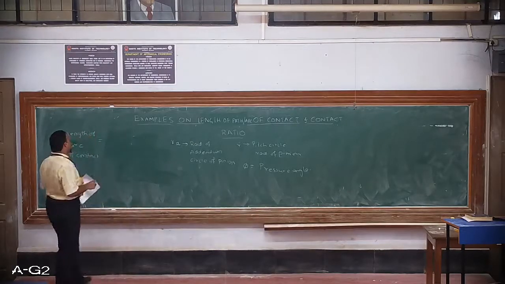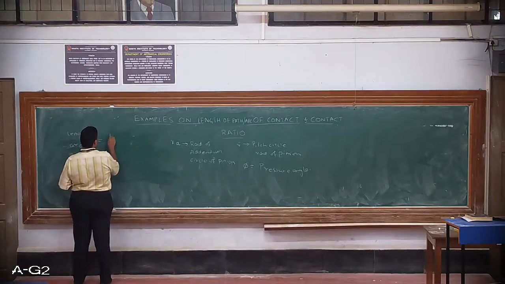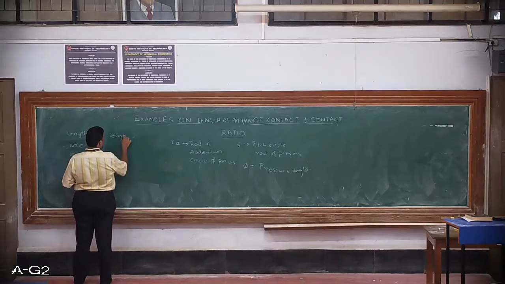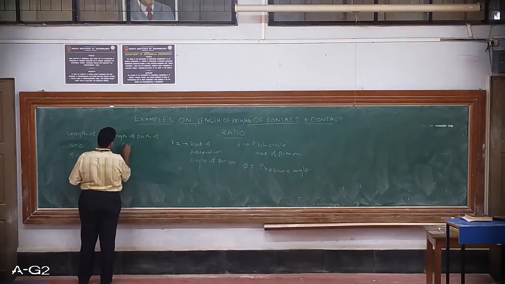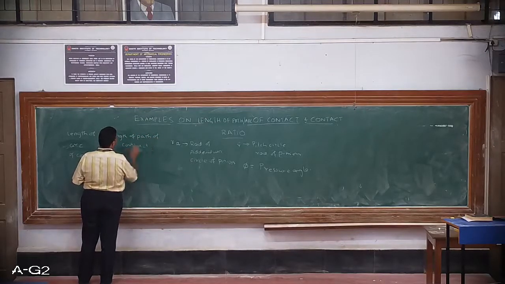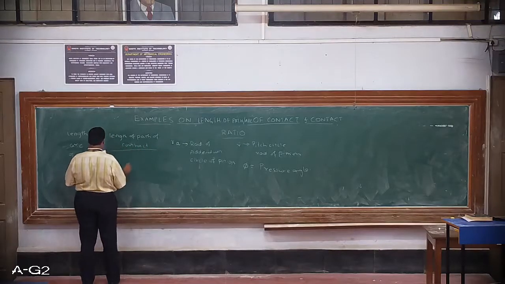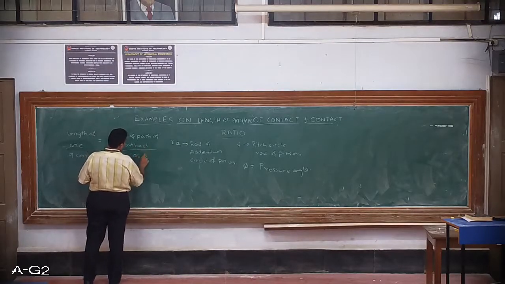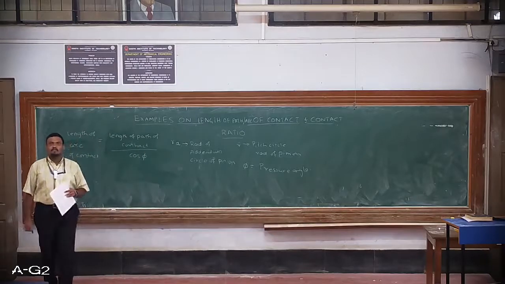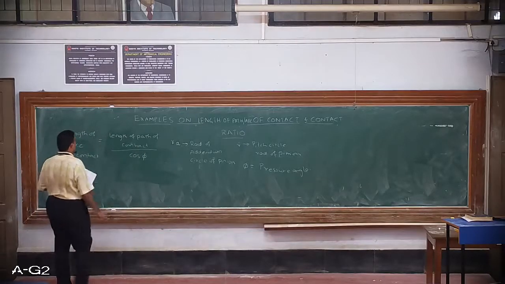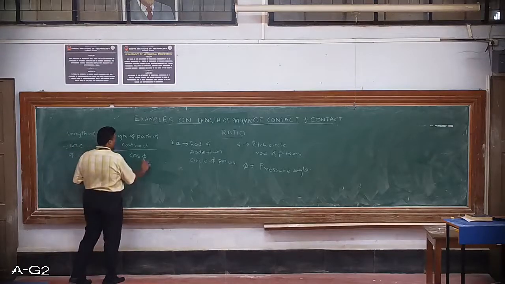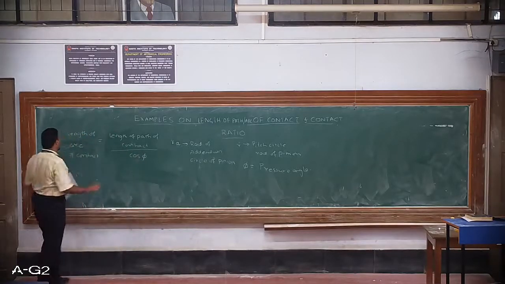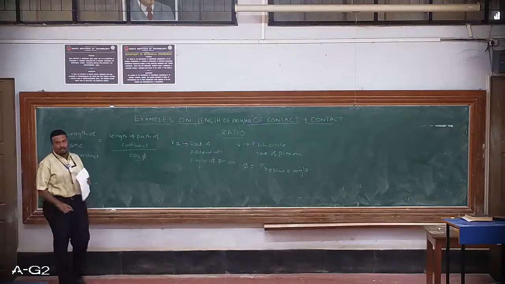For length of arc of contact, we need first the length of path of contact divided by cos of the pressure angle phi. So upon calculating the length of path of contact, if you divide that value by the cos of the pressure angle, you will get the length of arc of contact.